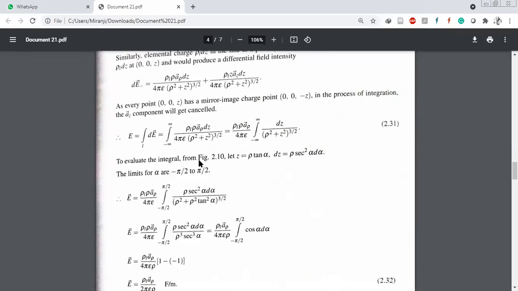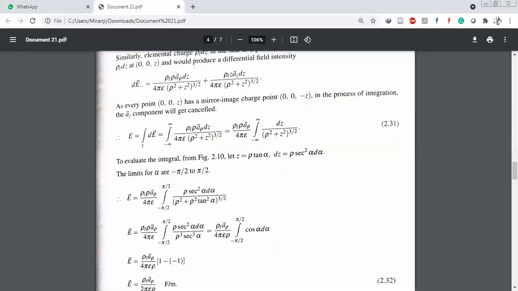For the limits of alpha, when we substitute infinity and minus infinity, the angle ranges from minus pi/2 to plus pi/2. Is it clear? For the tan value, from minus infinity to plus infinity, that angle ranges from minus pi/2 to pi/2.